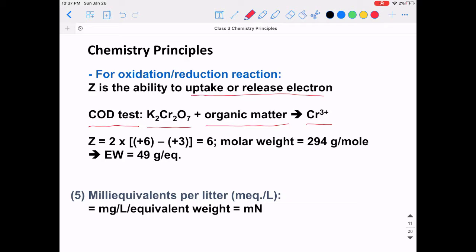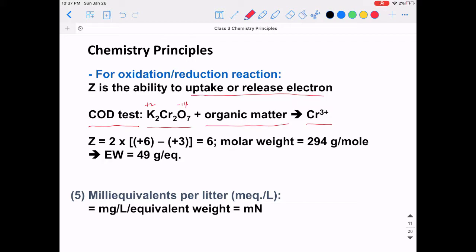Before the oxidation reduction reaction, we know that potassium is providing +2 of the oxidation states. And then the oxygen is providing -14 because we know that all the oxygen is going to be in a state of -2. So the 2 chromium atoms here are going to cover an oxidation state of +12.